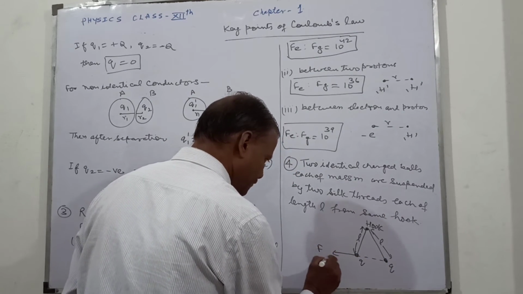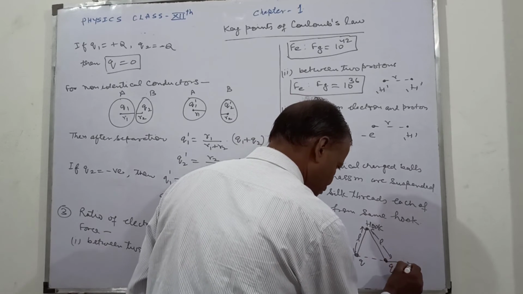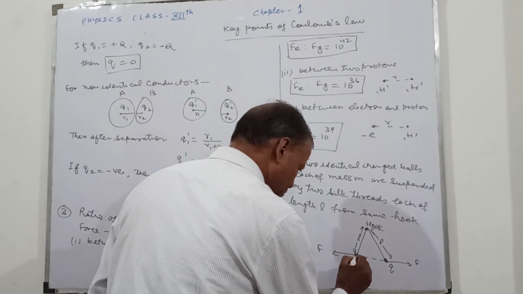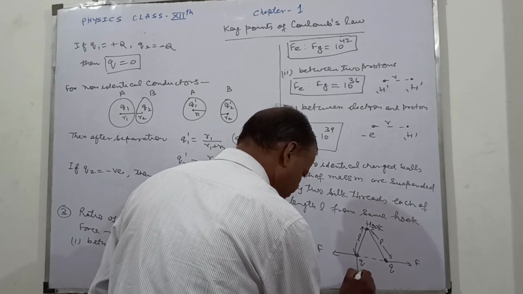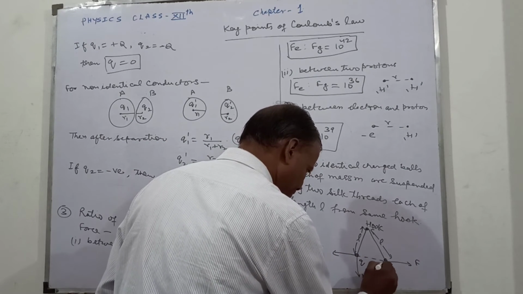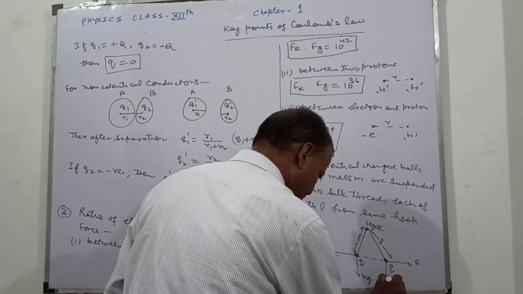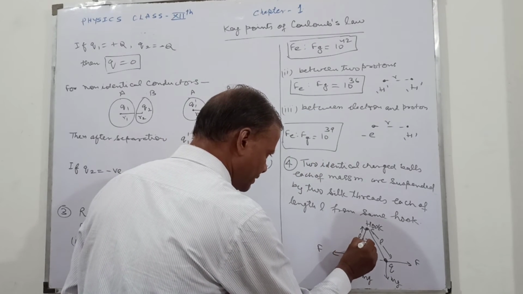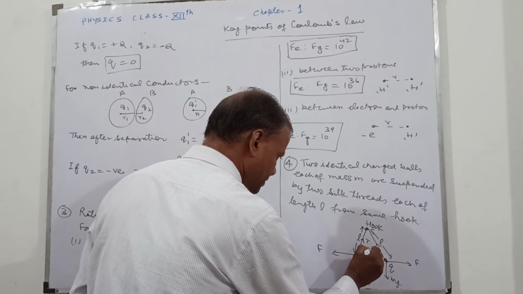This is now force F, and this will also repel this one by force F. Then there will be the gravitational force, the weight, that will act vertically downward. There will be the tension T in the strings.